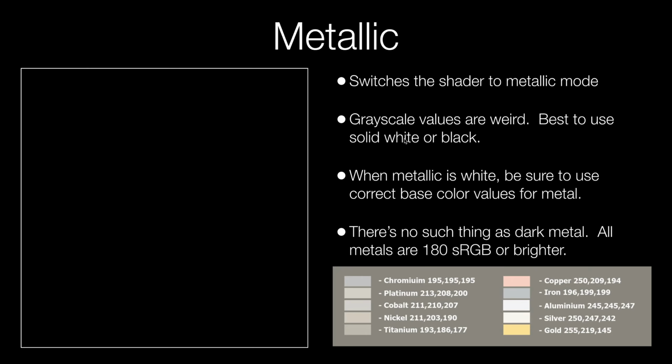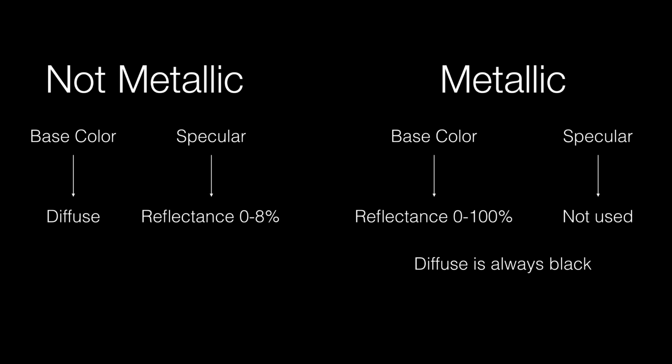Now, one thing that you want to try to avoid when you're creating a metallic map is grayscale values. Those get kind of weird because really this map should be either black or white. You're setting the surface to be either metal or not metal. And when you put it in between, like if you were to give it a value of 0.5, you would be sort of halfway in between this and that, and there aren't any surfaces on Earth that actually do that.